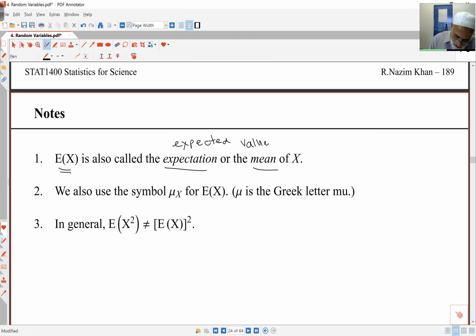We also use the symbol mu for mean. In general, you will find that these kinds of things don't work. E of x squared is different from just taking the mean, or E of x, and squaring it. They just aren't the same thing. They'll never be equal except in very rare, special cases.